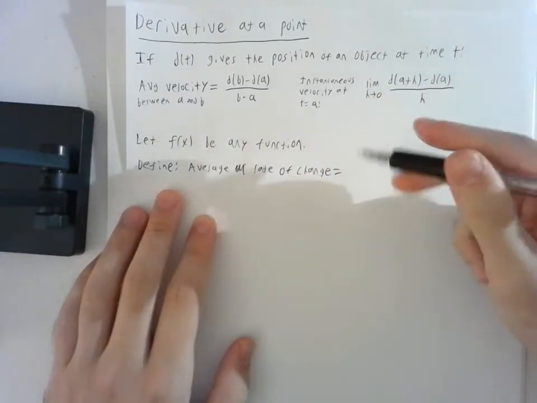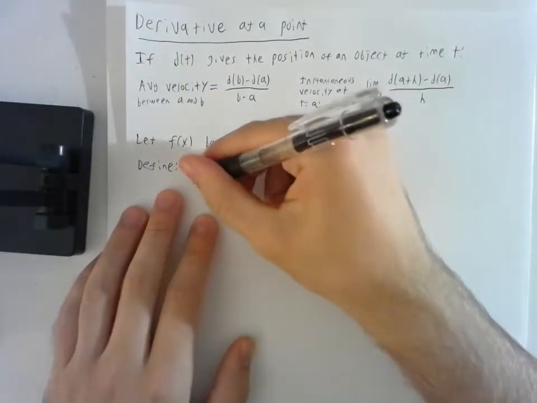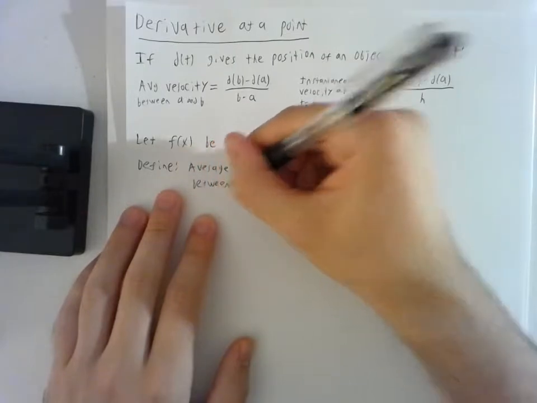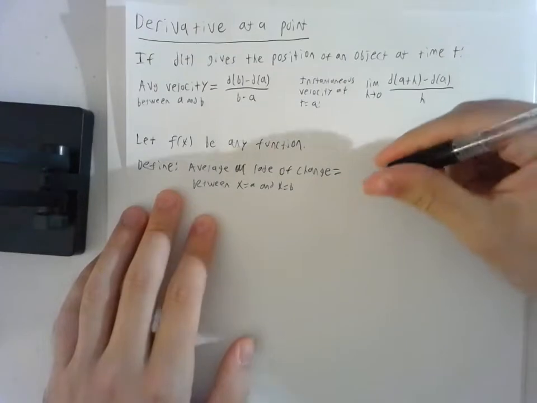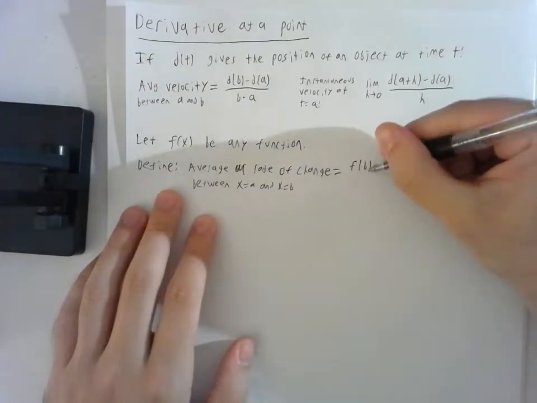So we need 2 points. Between x equals a and x equals b will be f of b minus f of a divided by b minus a.